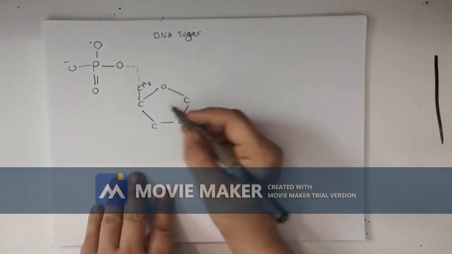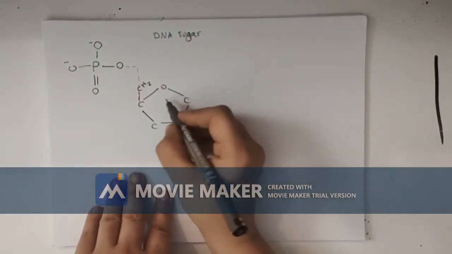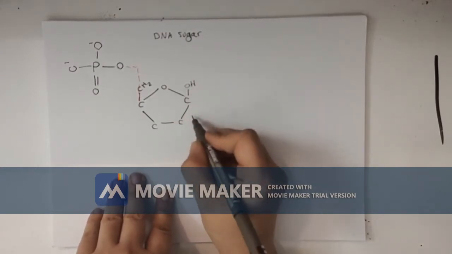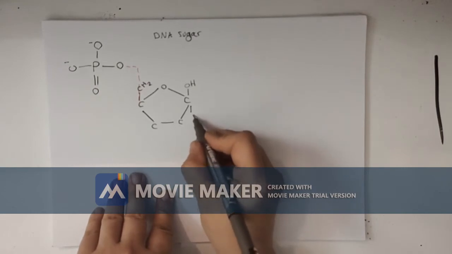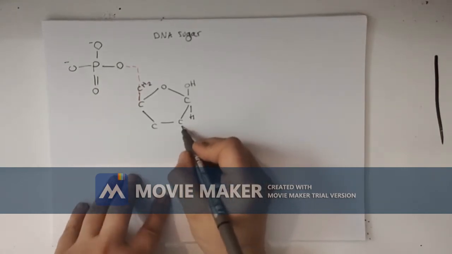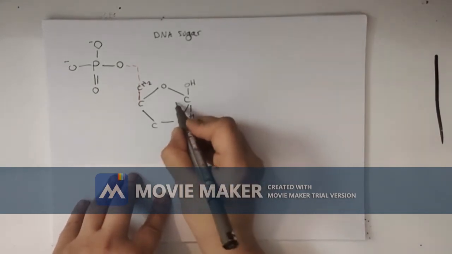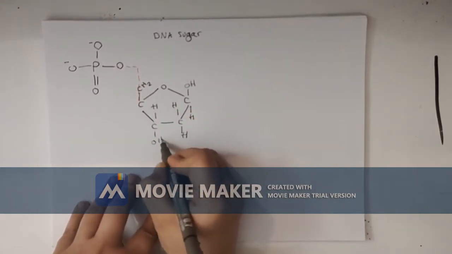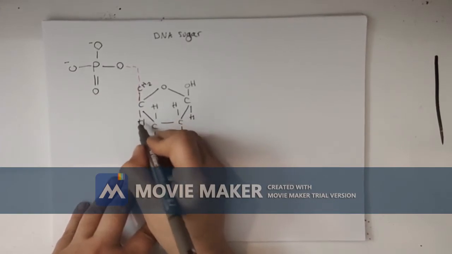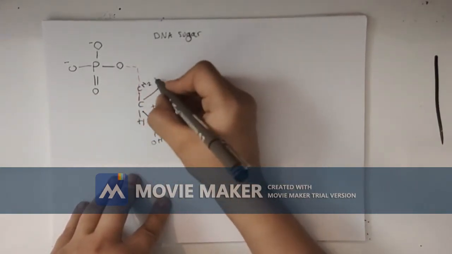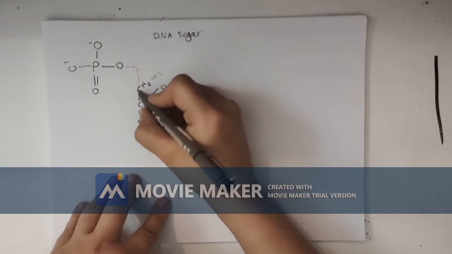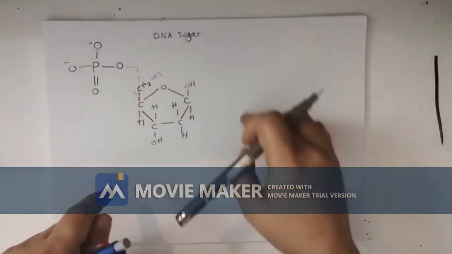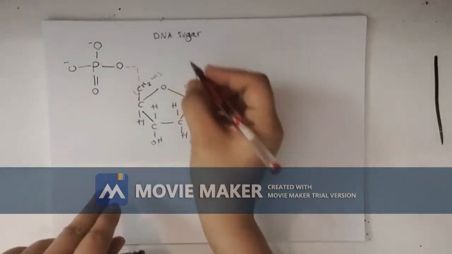What is important here are the OH group, hydroxide, and also the hydrogen group here, hydrogen down, hydrogen up, hydrogen, OH, and here is H. Actually it was CH2OH before. Okay, so what is happening? This is a deoxyribose in the DNA.